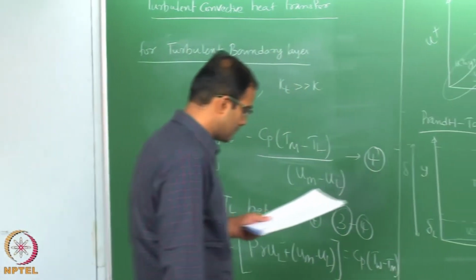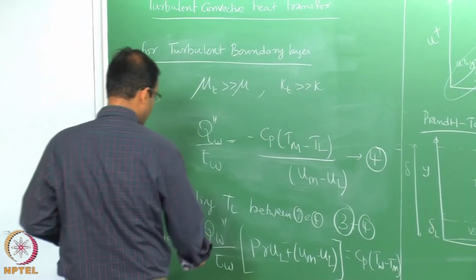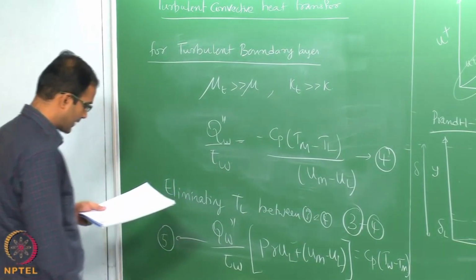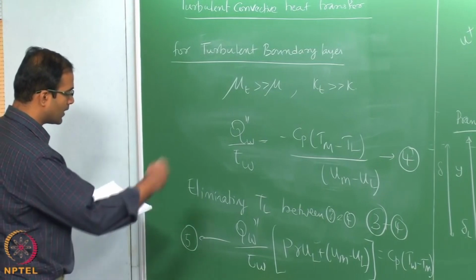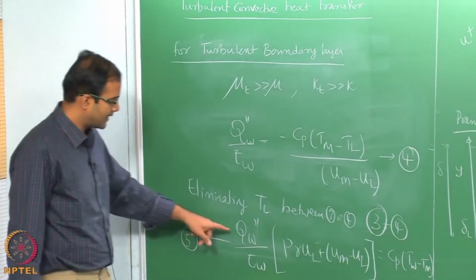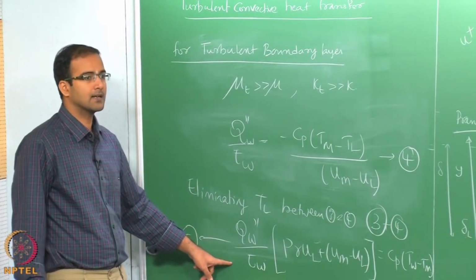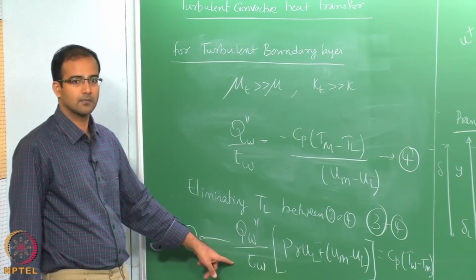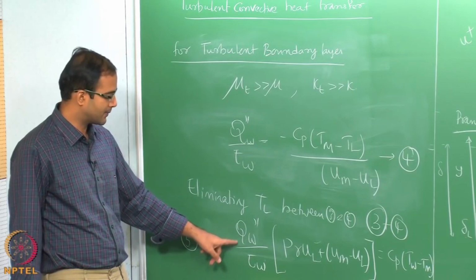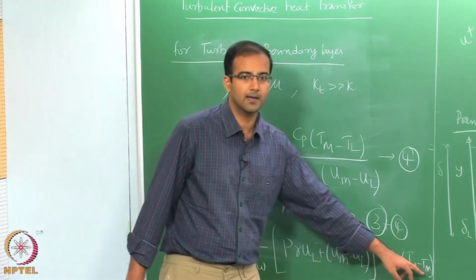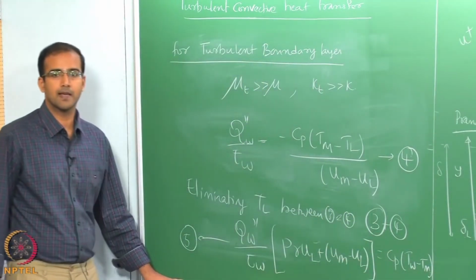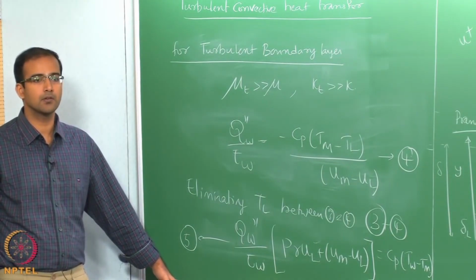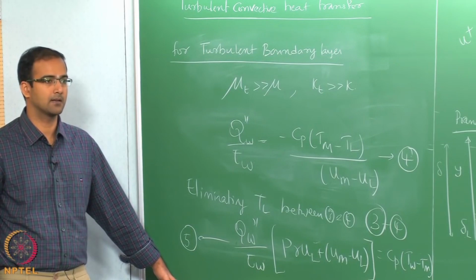So, what I ask you to do, now that we have something like q wall by tau wall, okay, you can take this tau wall to the right hand side and write this in terms of Stanton number. Okay. So, if you write this in terms, that means q wall by T wall minus Tm is nothing but h by rho Cp Um is your Stanton number.